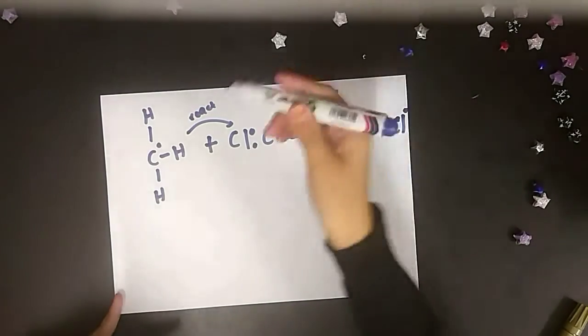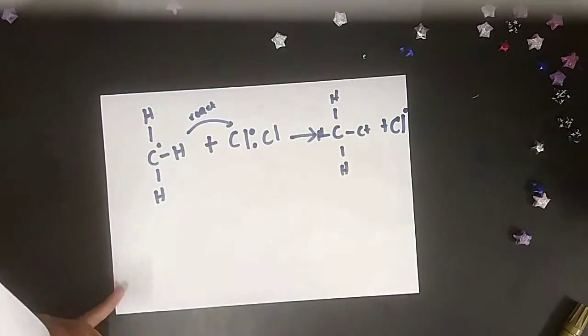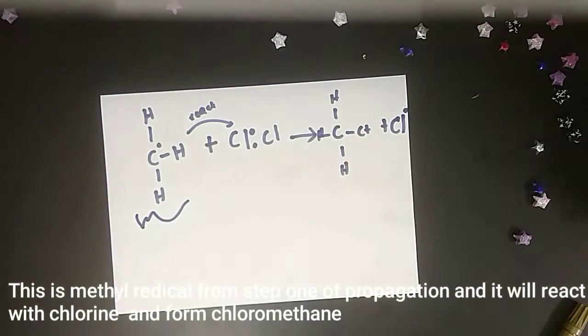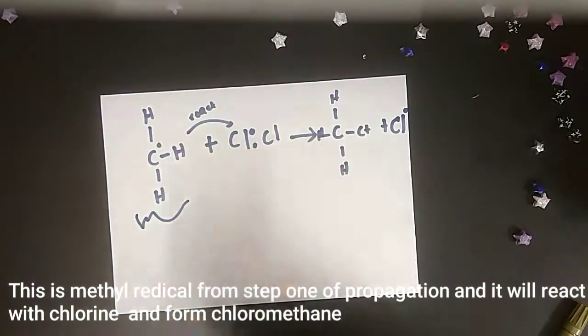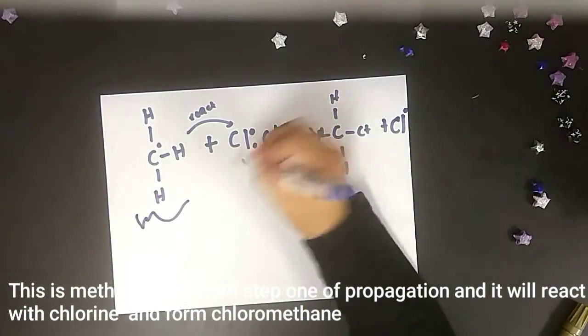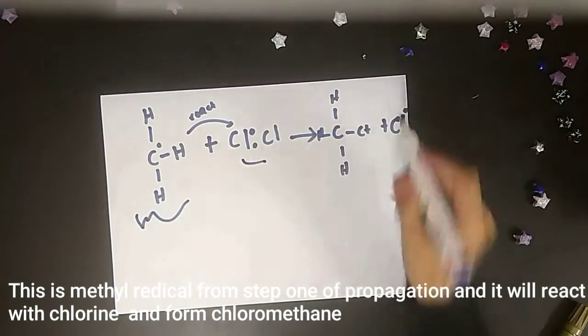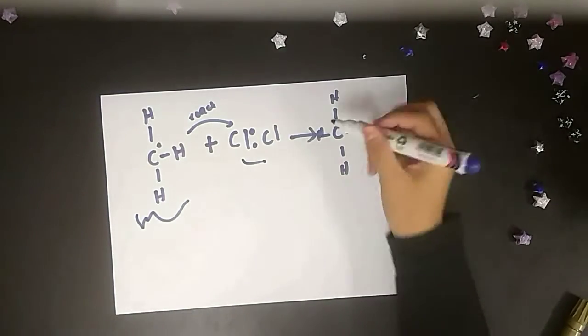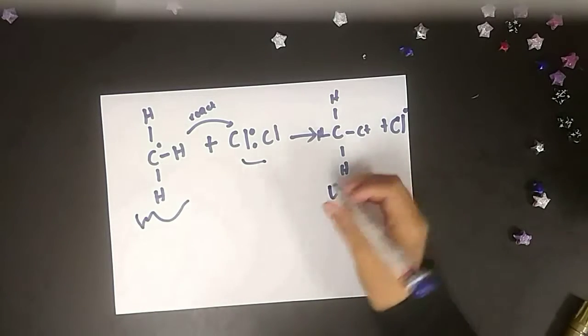So this is the second step. This is the methyl free radical from step 1 of the propagation, and it will react with a molecule of chlorine, and then it will form chloromethane. This is chloromethane.